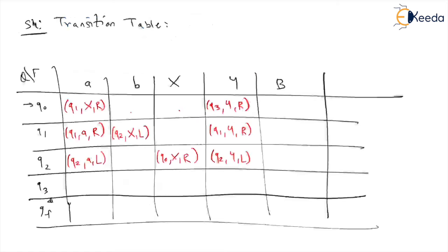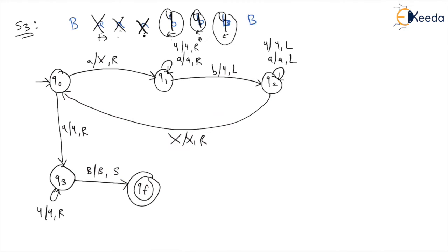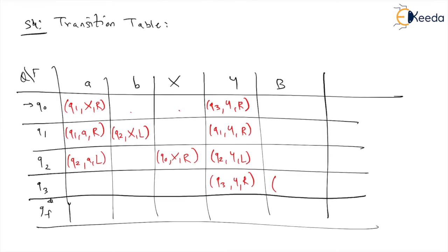Therefore, we say it goes to state Q3 again, keeping Y as Y and moving to the right. And for blank, Q3 on blank will keep it as blank, will not move the read head anywhere but go to the final state. So we have QF comma blank comma S.